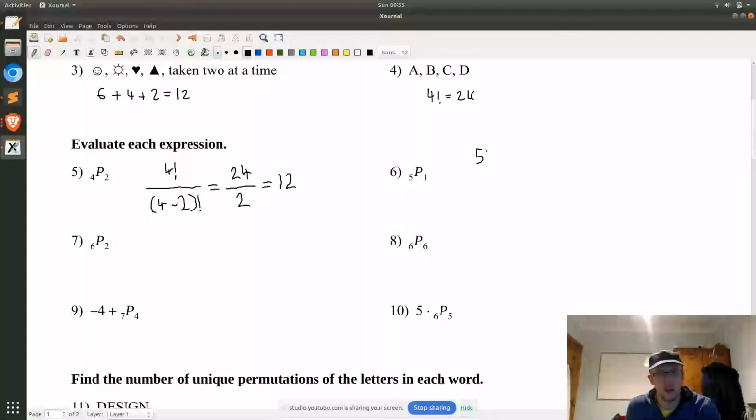This here is 5 factorial over 5 take 1 factorial, which is 120 over 4 factorial, which is 24.